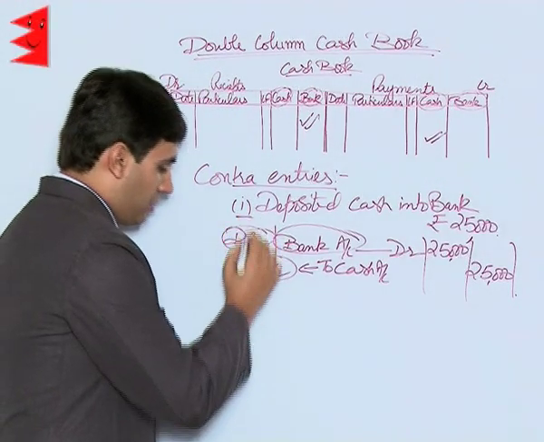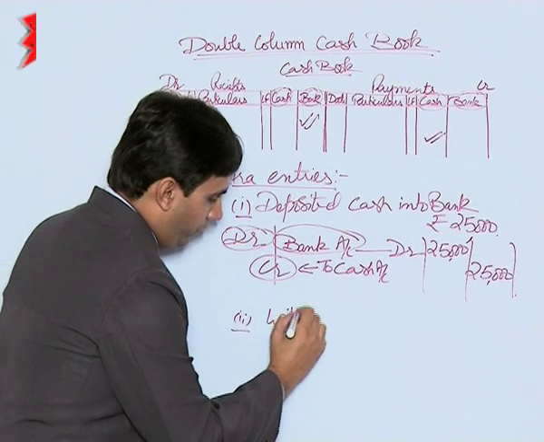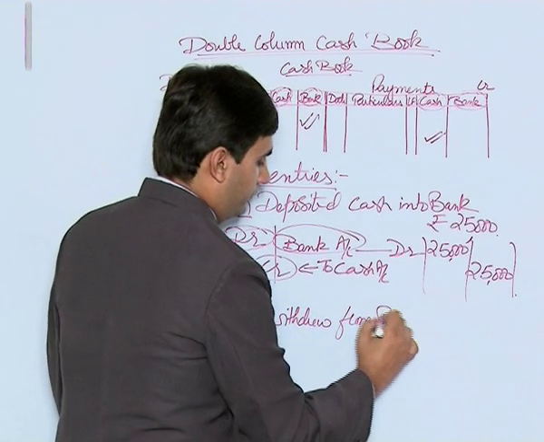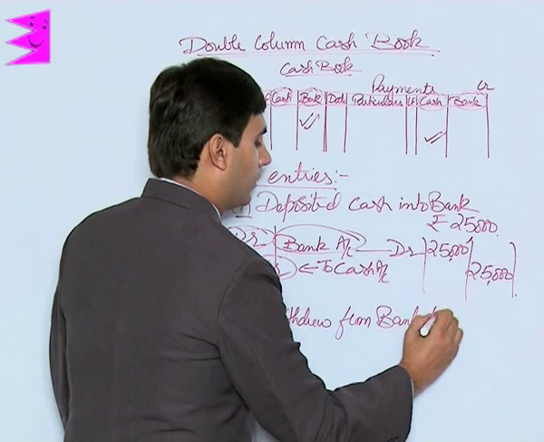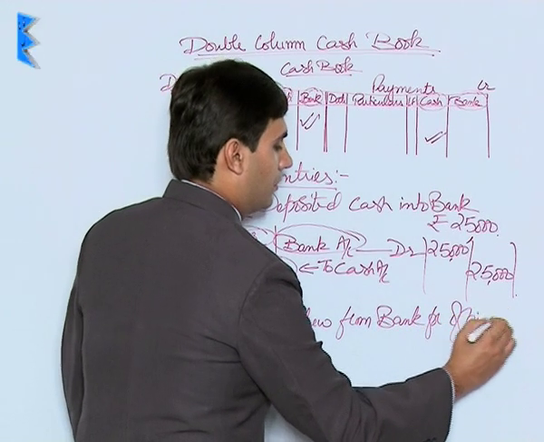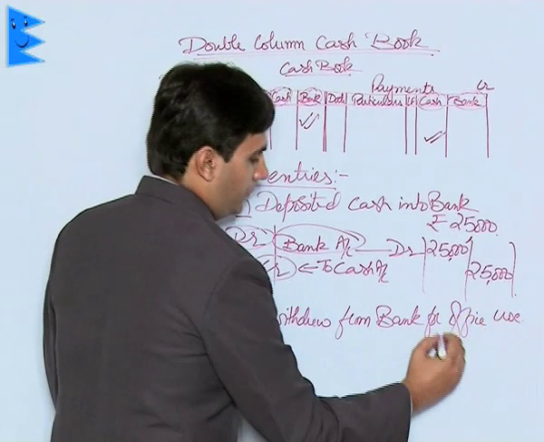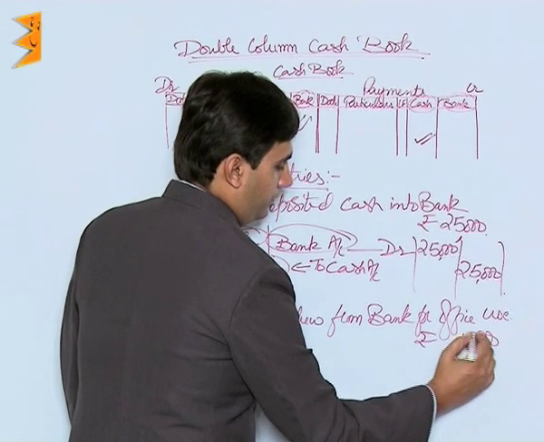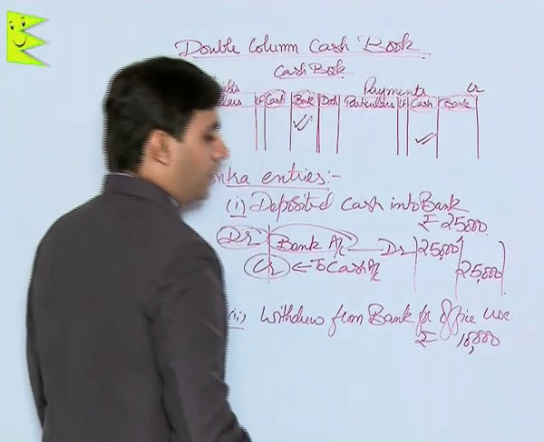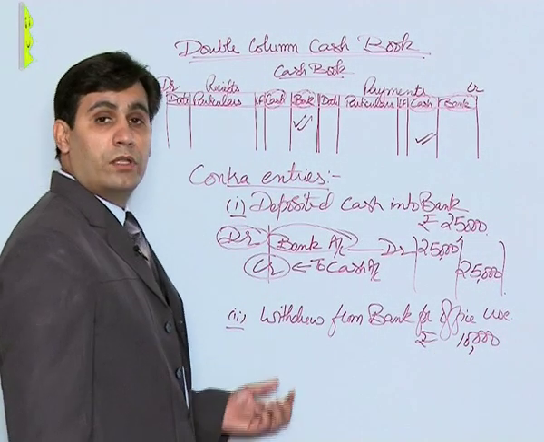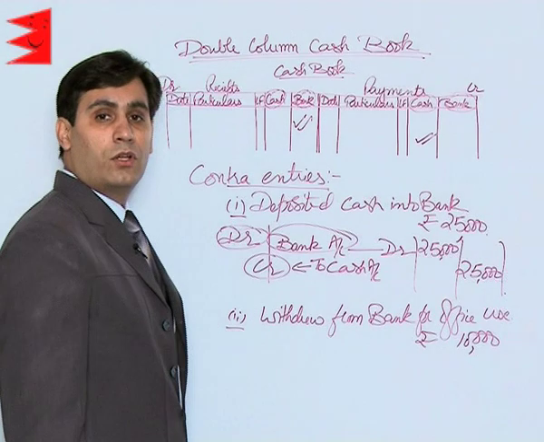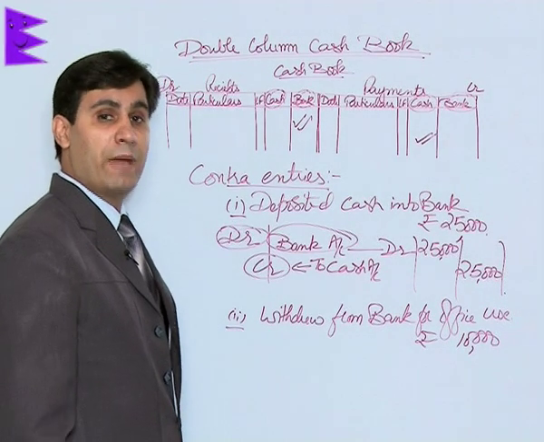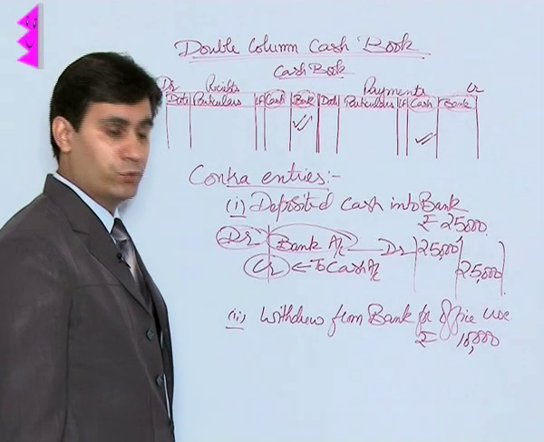Now the second transaction is withdrew from bank for office use, rupees 10,000. Now here the owner or the manager or any worker has withdrawn 10,000 rupees from the bank account of the business for official use.